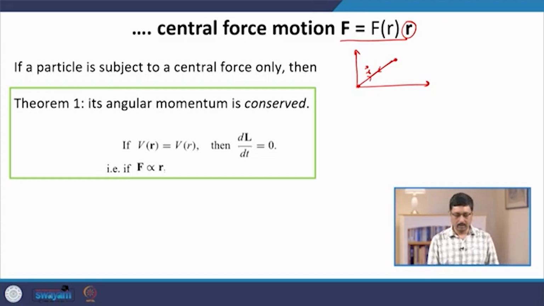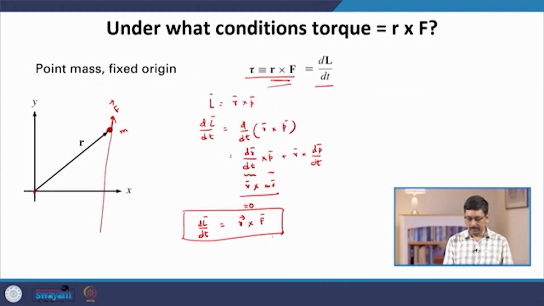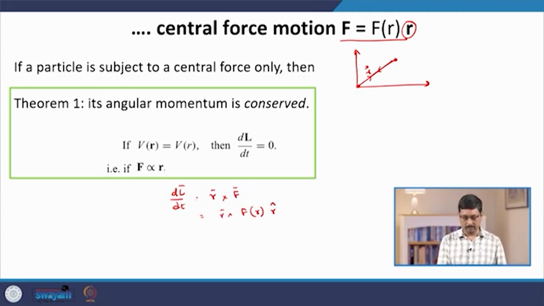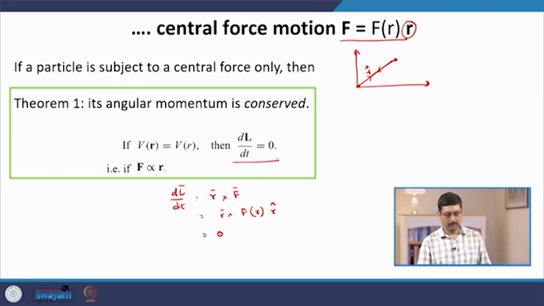Why? Because what we find is r cross F, so dL/dt is equal to r cross F. Now, if F is along the direction of the position vector, then this is 0. So if F is proportional to r, then dL/dt is 0.